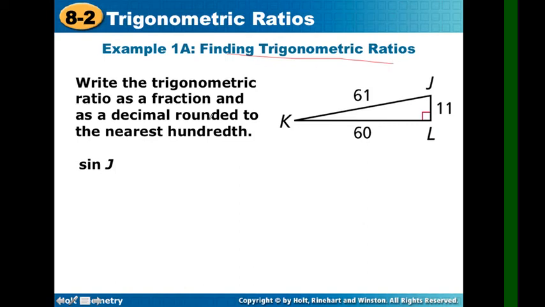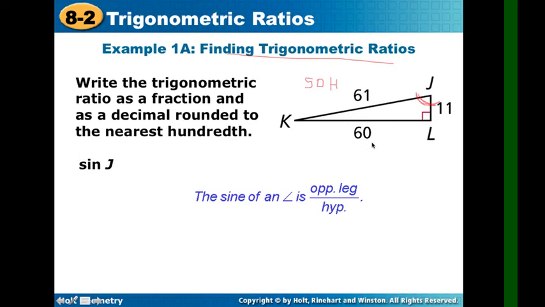So, sine J. For sine J, nasan si J? Ito na. So, this is J. Okay, since sine ang pinag-uusapan natin, that's SOH. Tama? So we have sine, and then the opposite of J is 60, and the hypotenuse is 61. That's the hypotenuse, the longest side. So 60 over 61 is the answer.